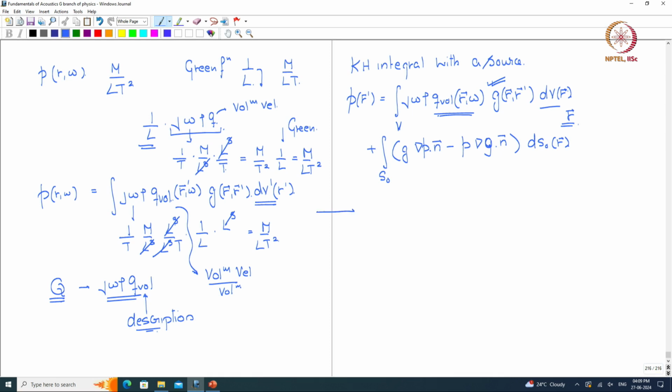After this, we were in curvilinear coordinates. So we specialized the KH integral equation to planar geometry.